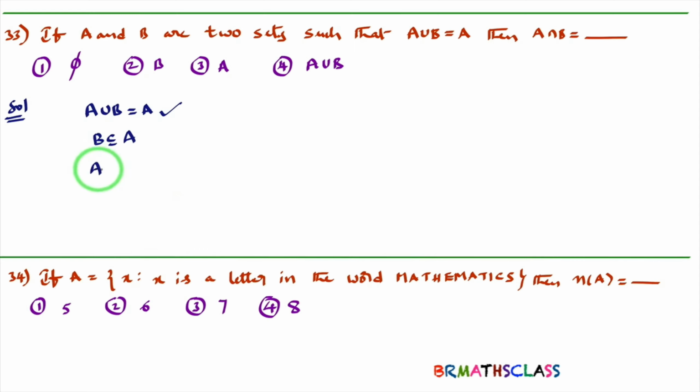Here, A intersection B. So, in this A and B, B is subset of A. That means here B is the smallest set. So, when we do their intersection, we will get set B. This point we already discussed clearly in the synopsis. Okay. So A intersection B is what? Set B. So what is the right option? Second option is the right option.